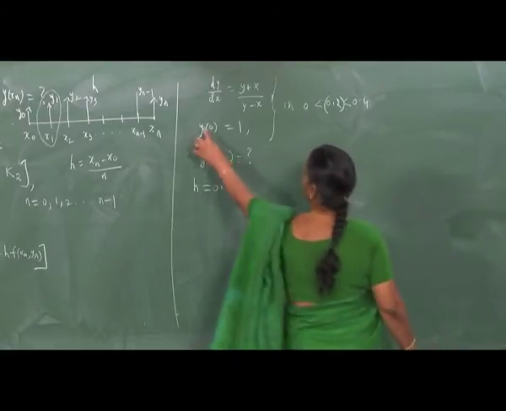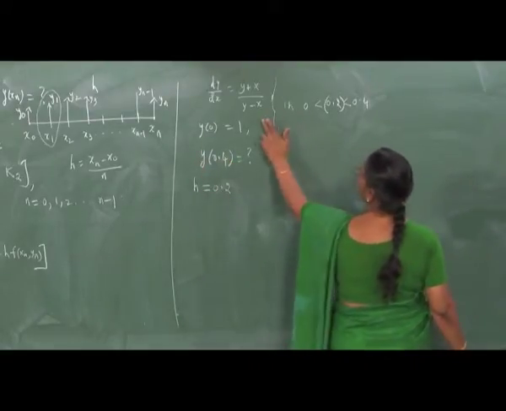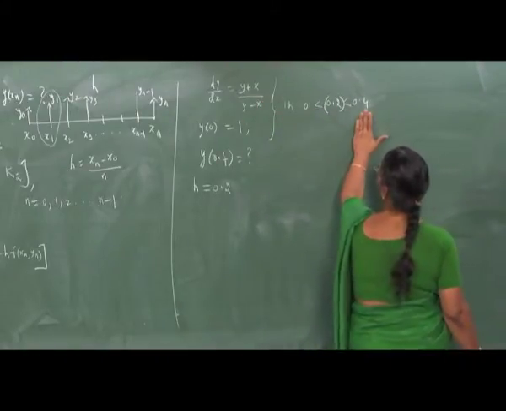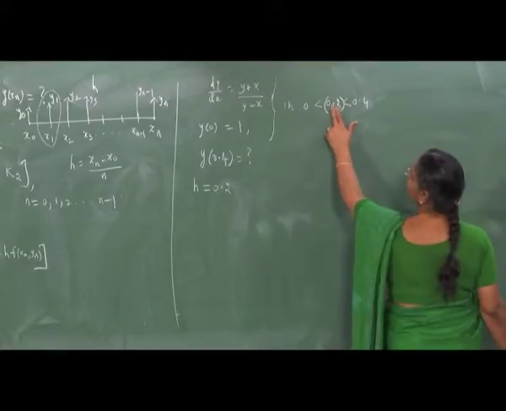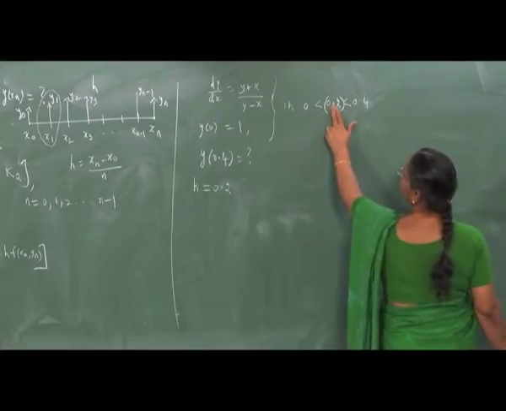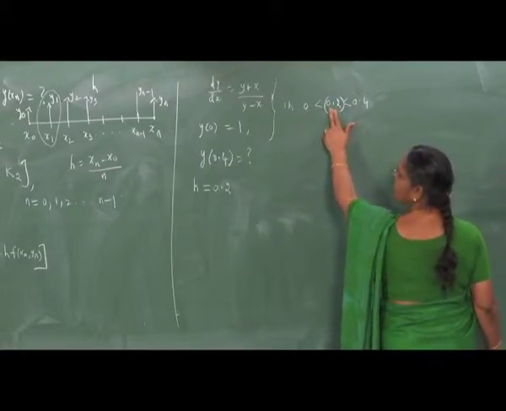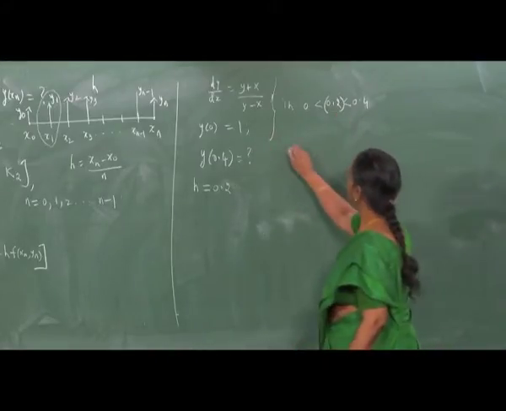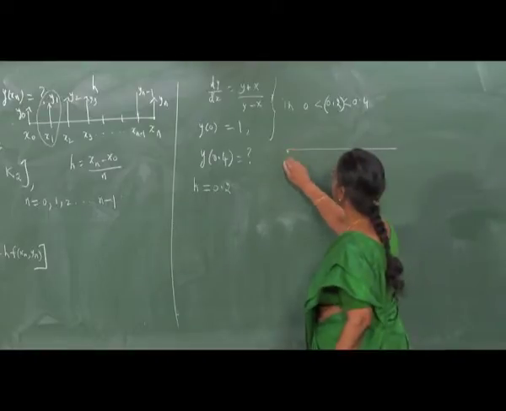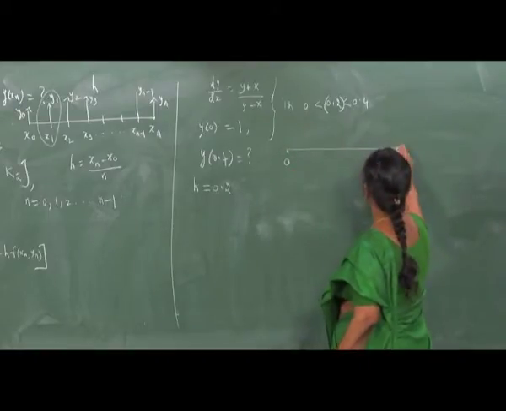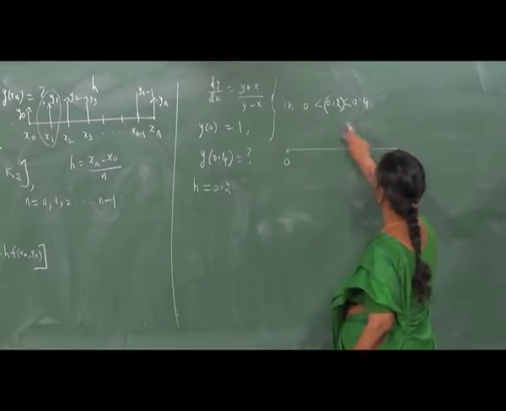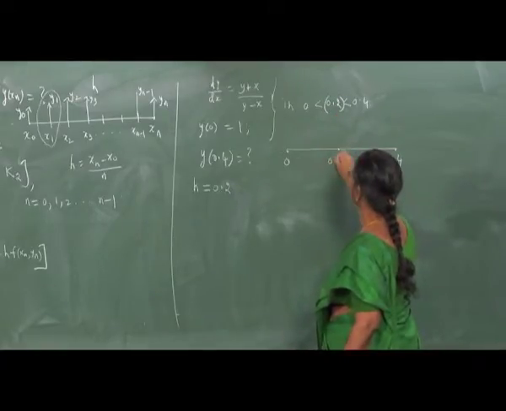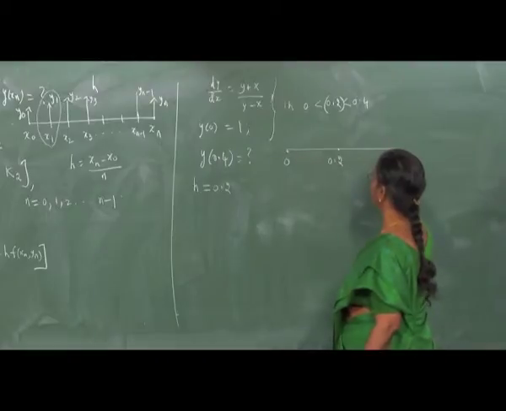Sometimes this will be worded like solve this problem in 0 to 0.4 with step size as 0.2. So, this indicates the step size that you need to take for solving this problem. So, you are asked to start at 0 and go up to 0.4 in steps of 0.2. So, you observe that that's the midpoint of this interval.